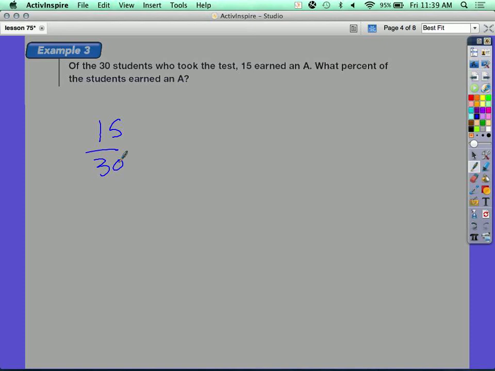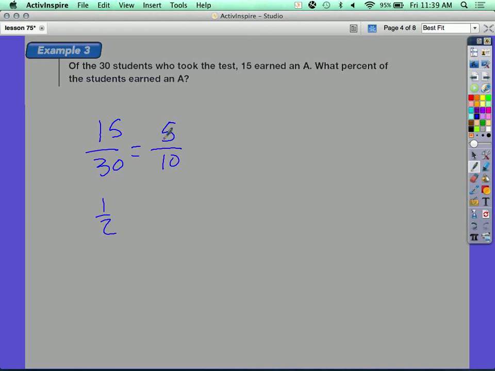Right away I see that this is 1/2, so I could say it's 1/2. The other thing I could do is get it into tens, because I could take 3 out of both of these. So I divide by 3 here and divide by 3 here, so that the denominator was 10. Either way, what we're going to have to do now is enlarge this.